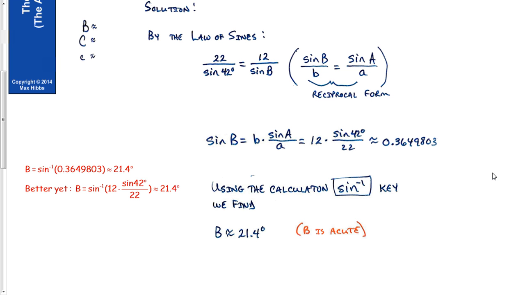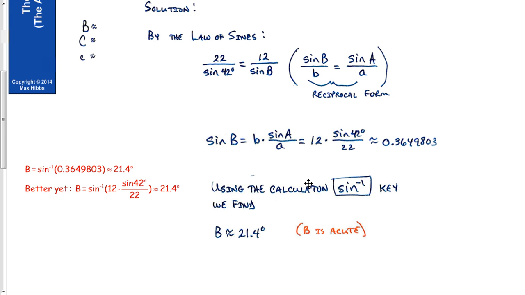And the reason I'm worried about that is there's two angles, 21.4 degrees, and another angle that is about 158.6 degrees. Both have the sine 0.36498803. But since the other one's obtuse, it couldn't be the right one. We know we're acute.